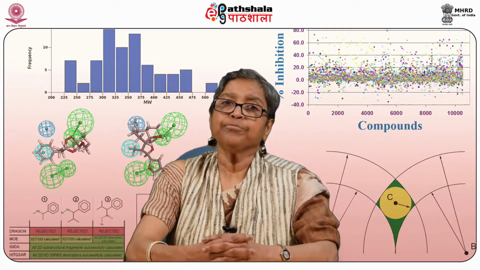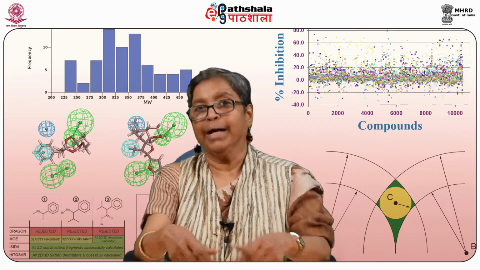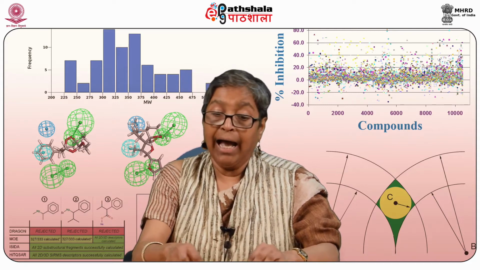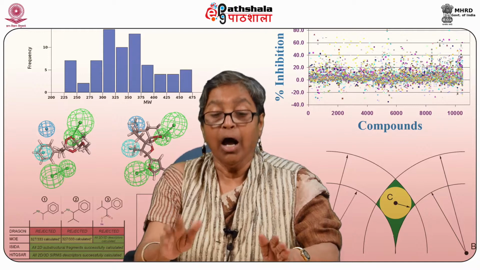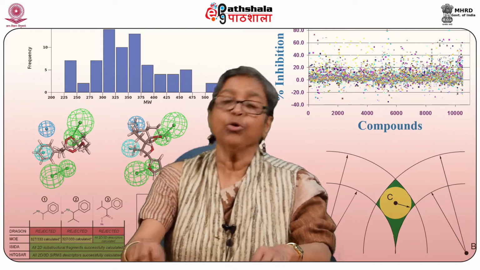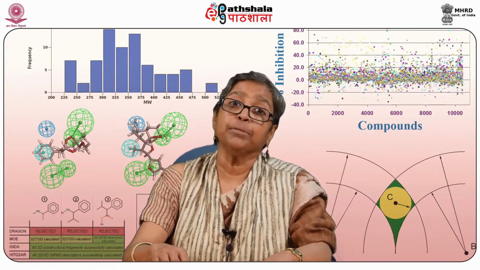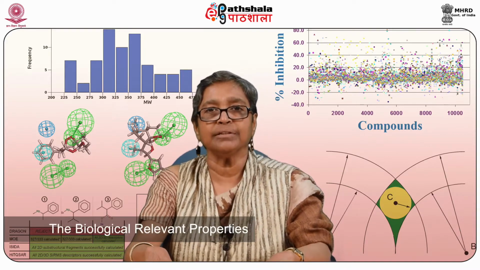So we have mostly concluded the chemoinformatics topic using different kinds of descriptors, and we have passed to you this information on how to actually calculate these descriptors. We also described which are the important descriptors that take care of biologically relevant properties.